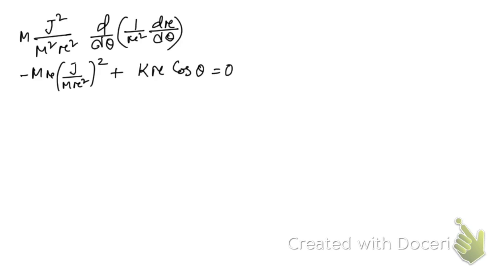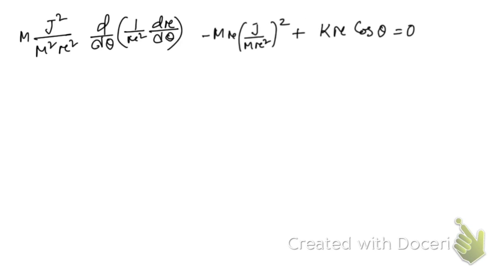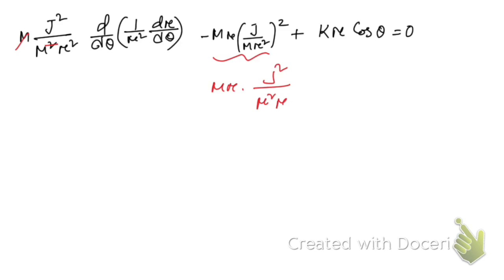Now here you see this m cancels m square, so we're going to get m only. Then this part is going to be equal to m r into j square by m square r to the power 4. If you cancel r by r to the power 4, you're going to get r cube, then m cancels m square.